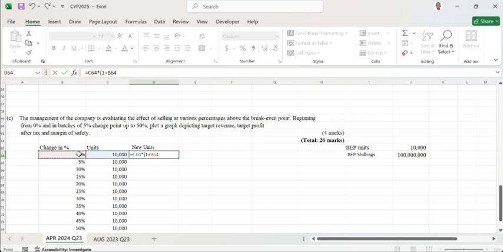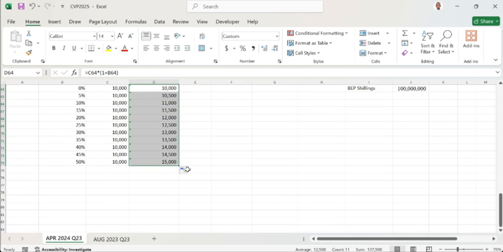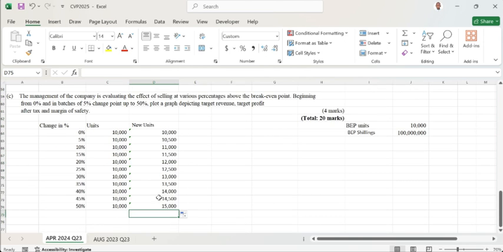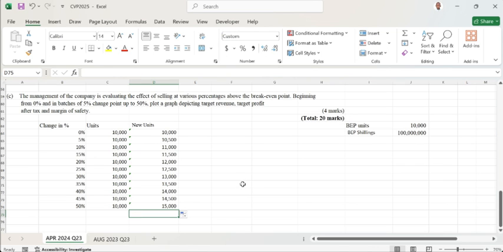Is that making sense? Yani, if this break-even point is sold at 0%, if it is increased by 5%, if it is increased by 10%, how many units are we going to get?